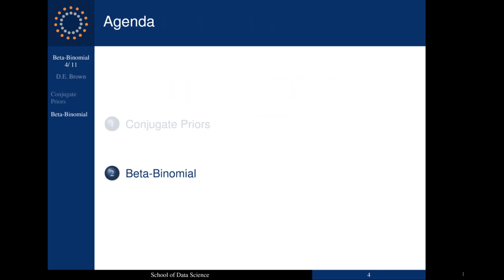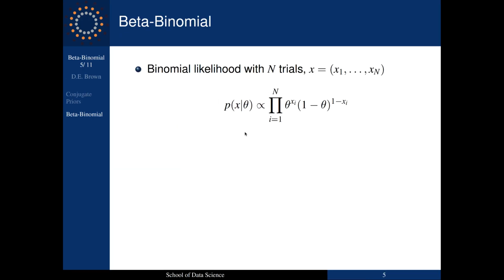So let's look directly at the case of a beta-binomial. For the beta-binomial conjugate family, we start out with the distribution of the likelihood function, which is the distribution of the data. Remember that in a binomial, the data consists of a sequence of Bernoulli trials. That's a sequence of 0, 1 trials, because our random variable is 0 or 1.